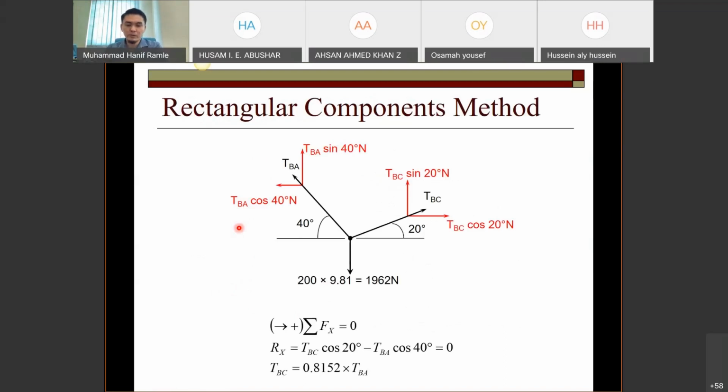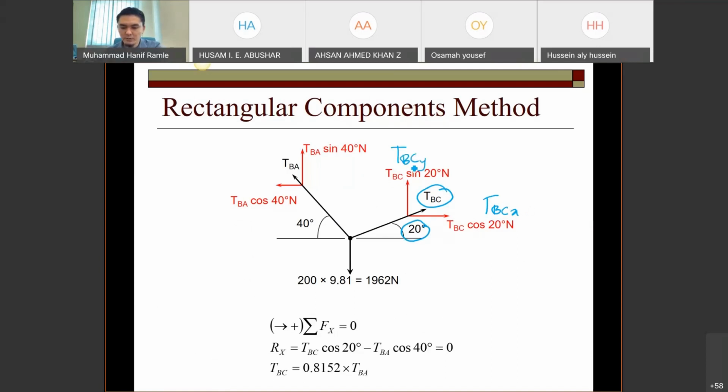For the rectangular component, every single force, you have to resolve it. You have to resolve the forces into X and Y direction. So we have TBC, having the angle there, and then you have to resolve it into TBCX, for example, and TBCY.